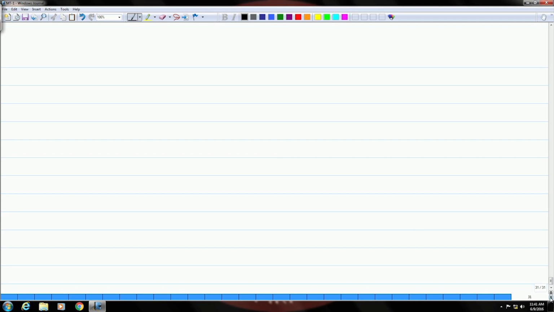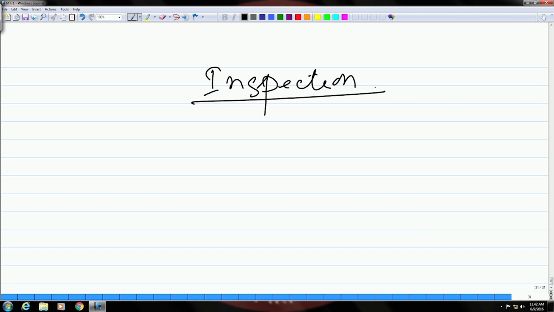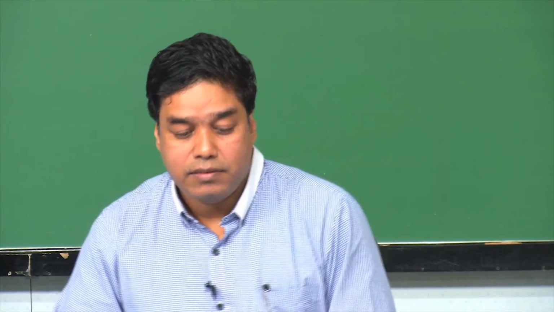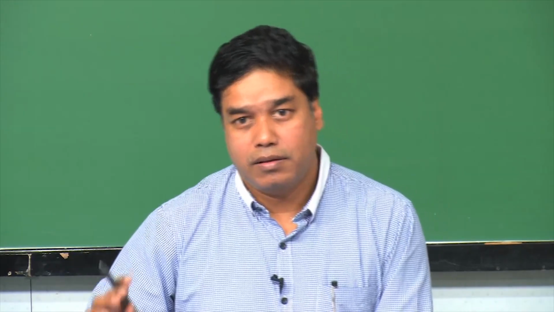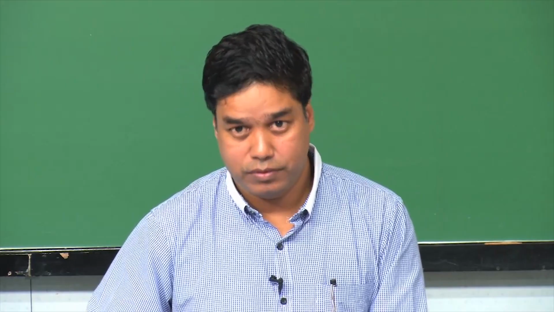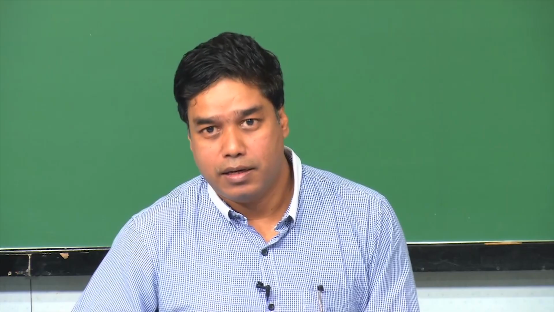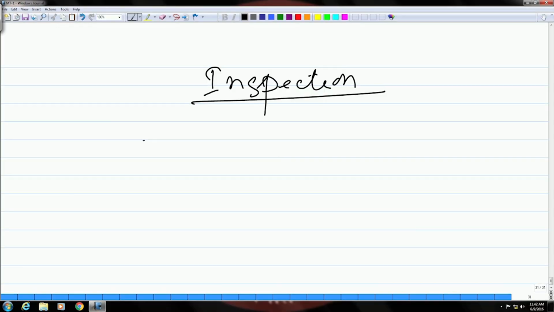So, inspection, as you would have seen in the demo video that I showed you in the last lecture, you could do it in a well lit area where you have enough lighting. So, that is for the normal particles that you use, what you saw in the video, which could be either dry or wet particles.